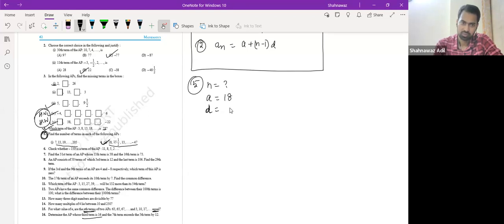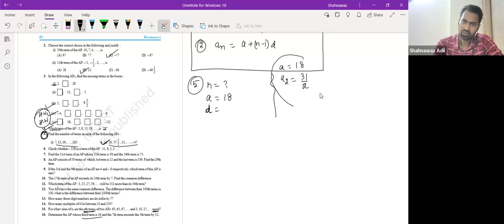A2 is 15 and a half, which is in mixed fraction. So this is 31/2. So A2 is 31/2, and you know A, which is 18.